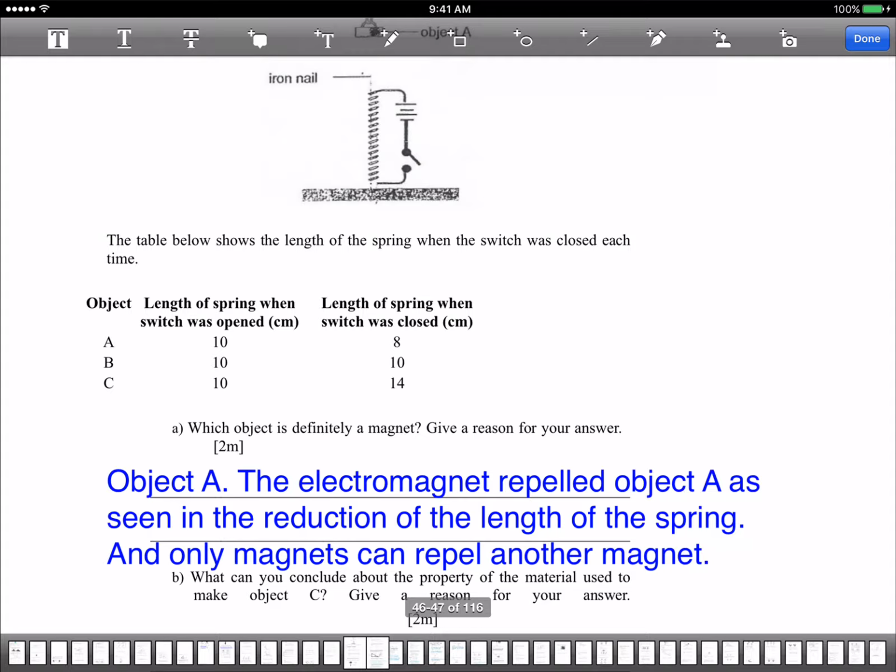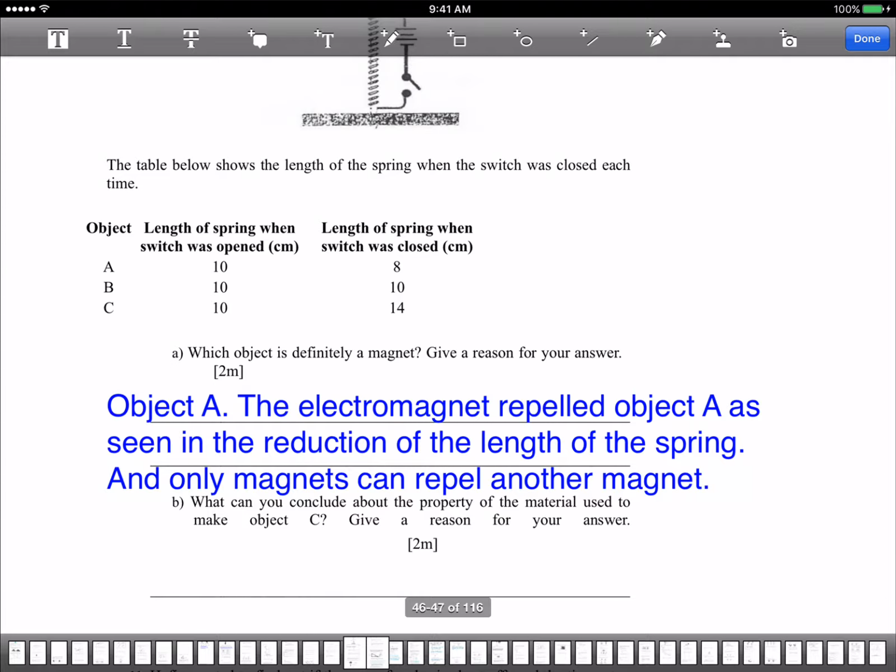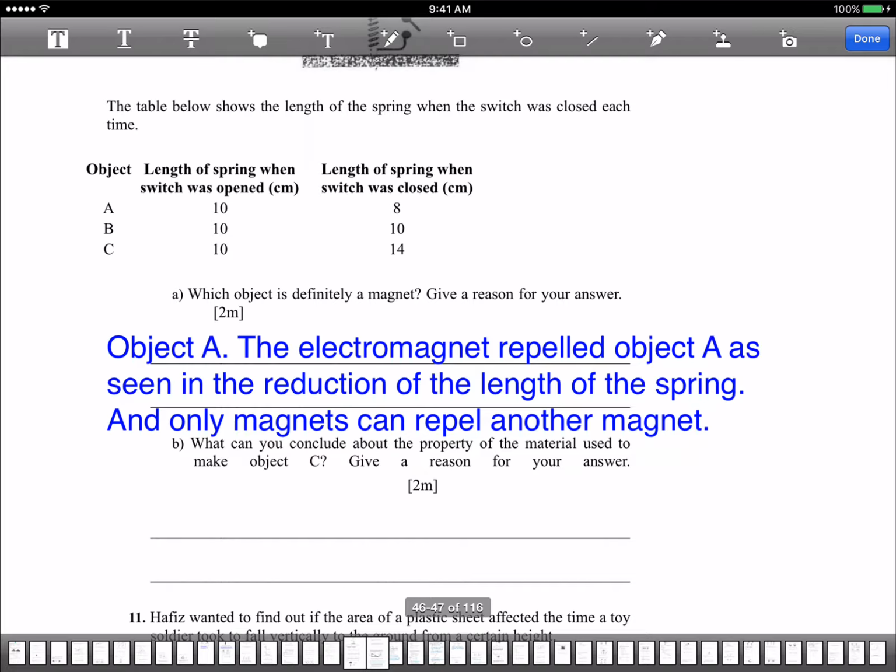So you can conclude with 100% guarantee that object A is a magnet. It could be a magnetized nail or something, but it won't be a diamond block. Okay, what can you conclude about the property of the material used to make object C?